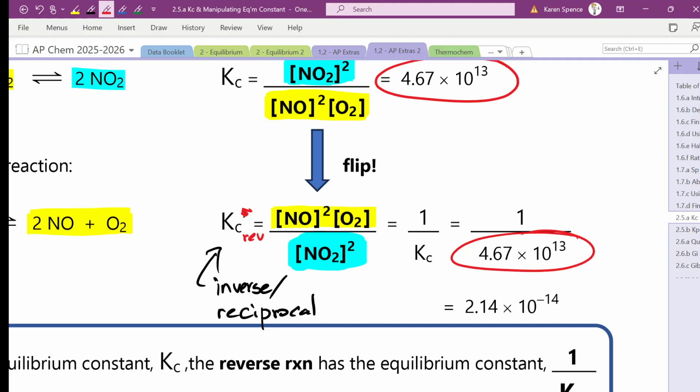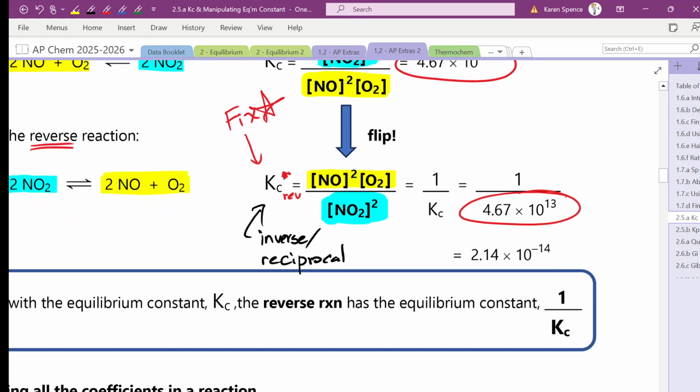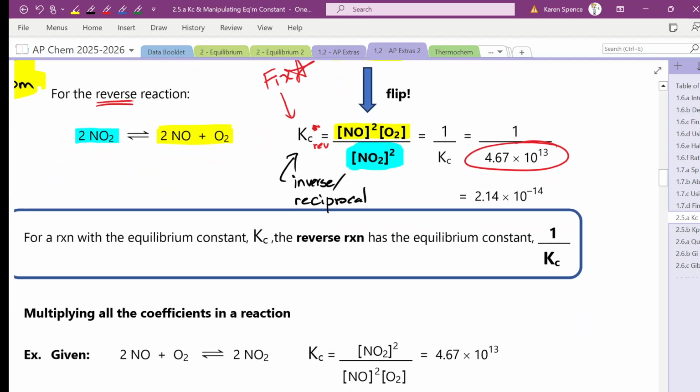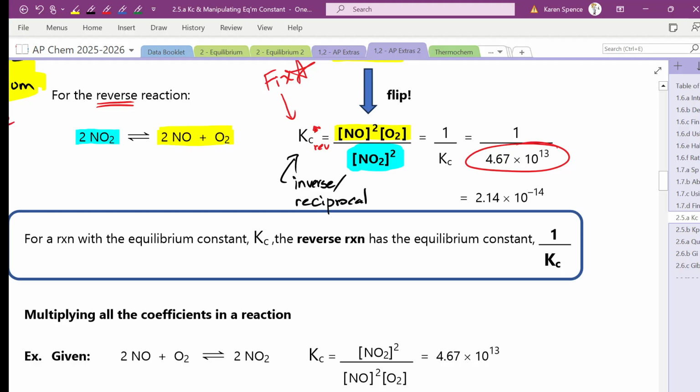I kind of like that better. And then you just chuck the number in and you get whatever you get. So, in general, the reverse reaction is going to be 1 over Kc. There you go. All right, so that could be on the regular test.